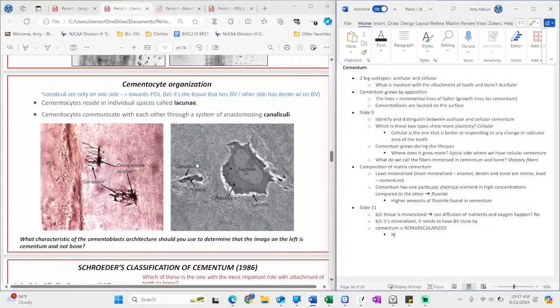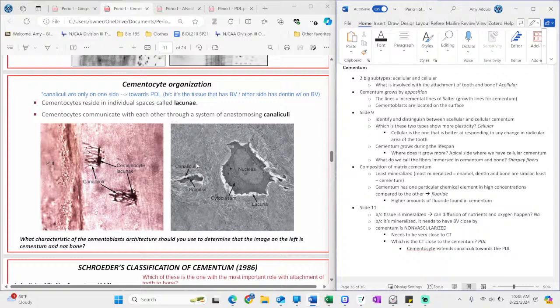Second, it has to be very close to connective tissue, because which is the connective tissue close to the cementum? The PDL. So the nutrients are going to come from the PDL. So the cementocyte is going to extend the filopodia towards the PDL.